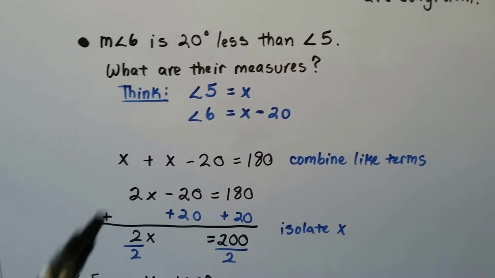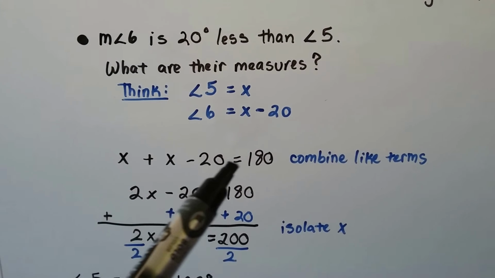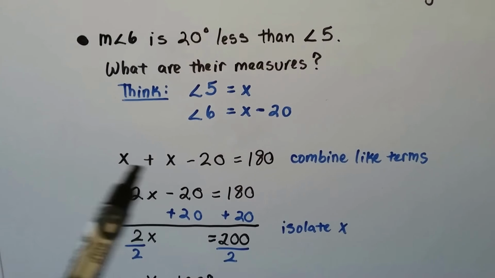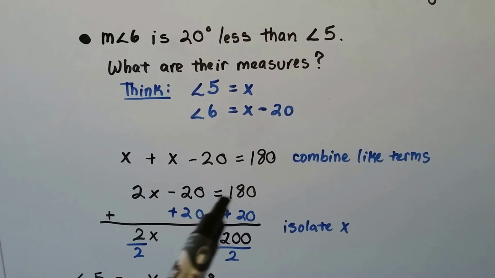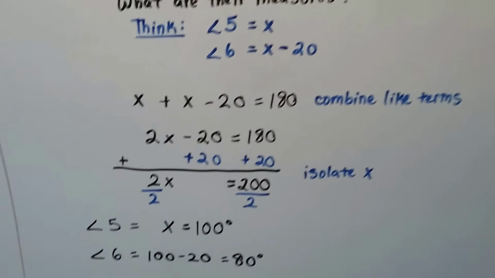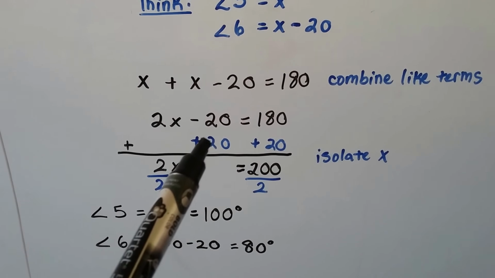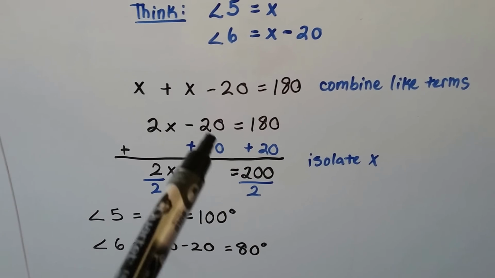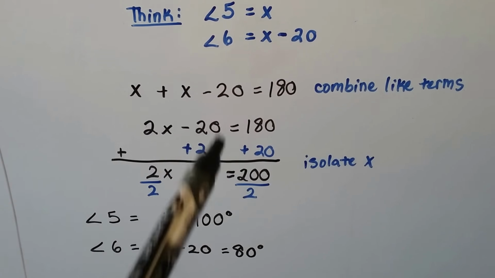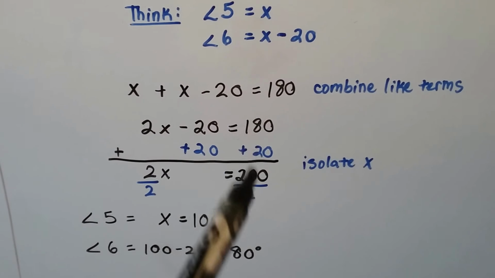We have our equation: x plus x minus 20 equals 180. We combine the like terms, and we have 2x minus 20 equals 180. We want to isolate that x, so we start by adding 20 to both sides of the equation to create a zero pair and get rid of it. Now we have 2x equals 200.